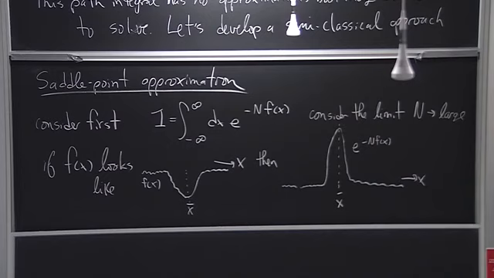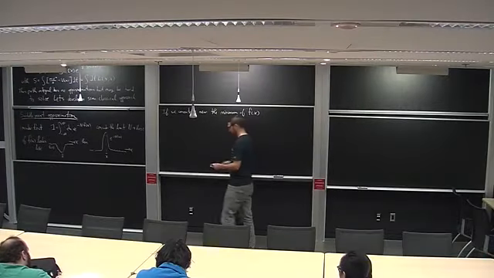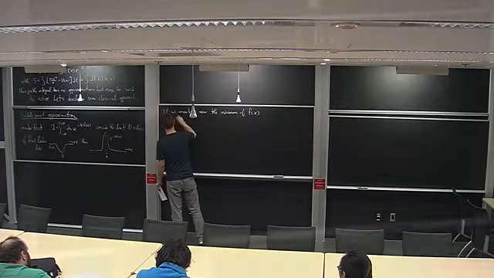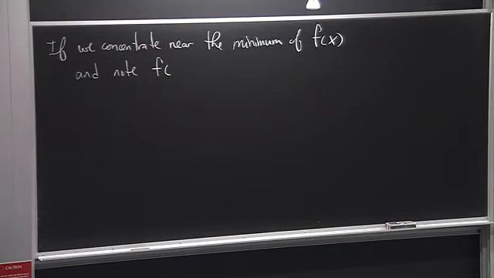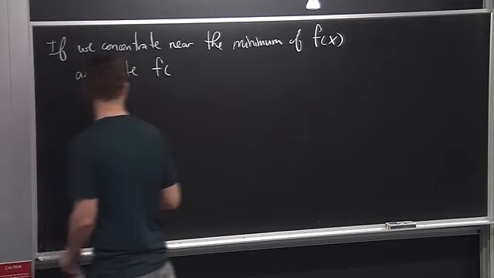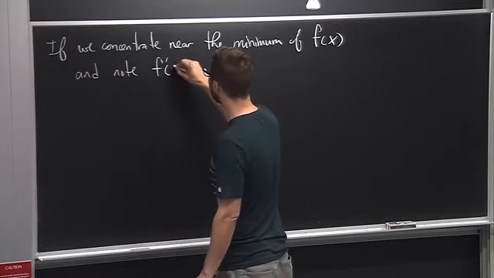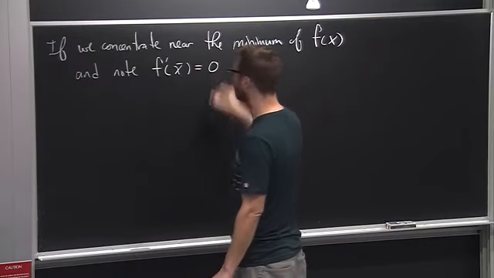Okay, so if we concentrate near that maximum, so say the minimum of f, and note because this is a minimum, then the first derivative of the function evaluated at x bar will be 0.